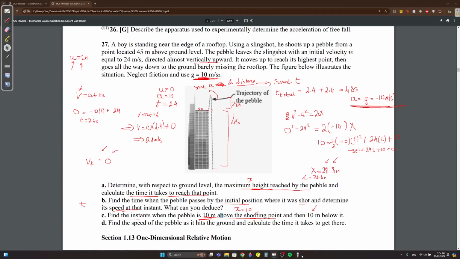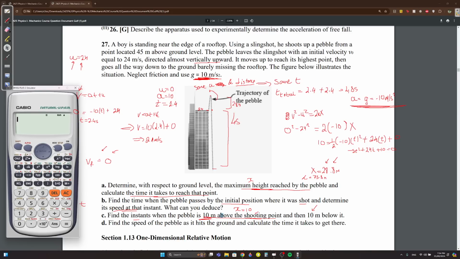Calculator, equation mode, 3 minus 5, 24, 10. You get, let's make it 3 significant figures, 5.19 seconds.